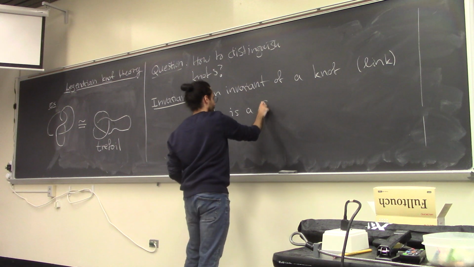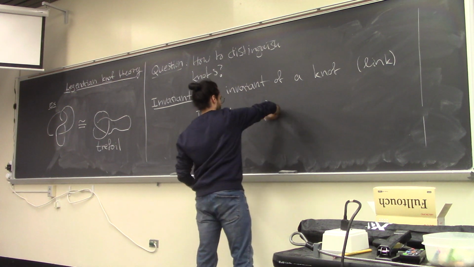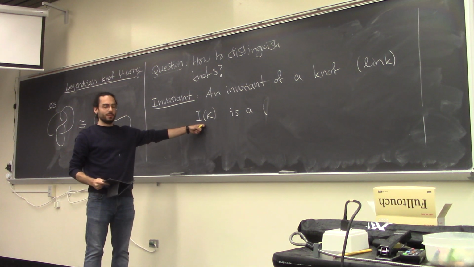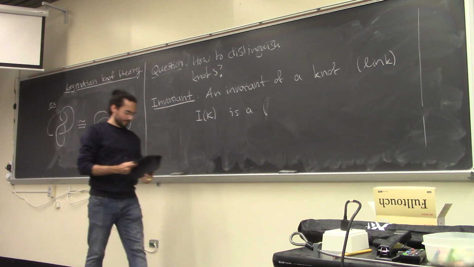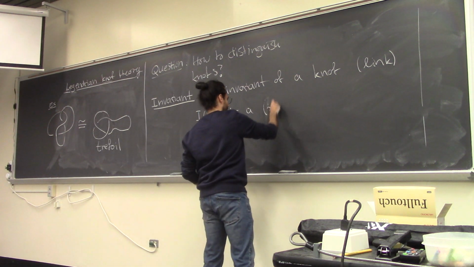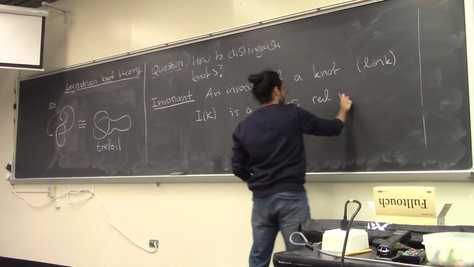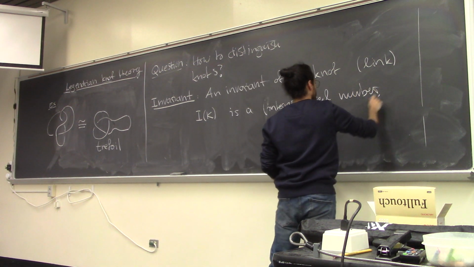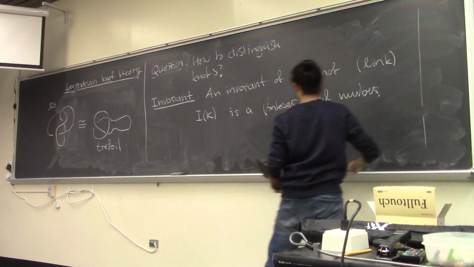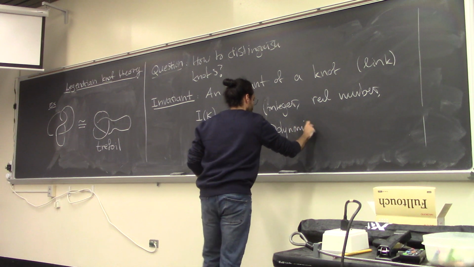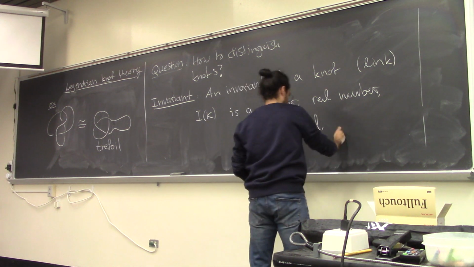So this thing can be different things. It could be a number. It could be something more complicated. It could be an integer, a real number, a polynomial maybe, or something more complicated.